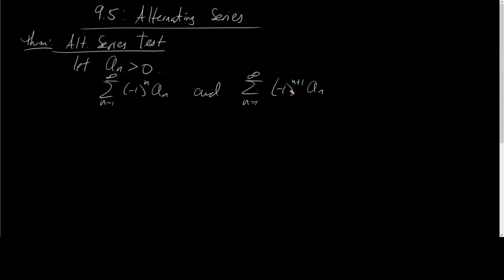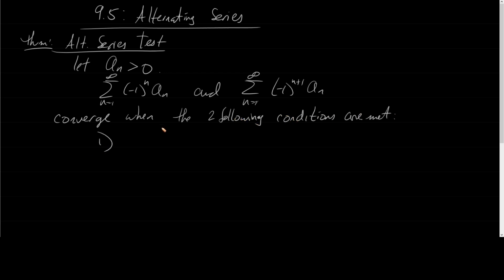So either of these two kinds of series that are associated with the sequence a sub n converge when the two following conditions are met.